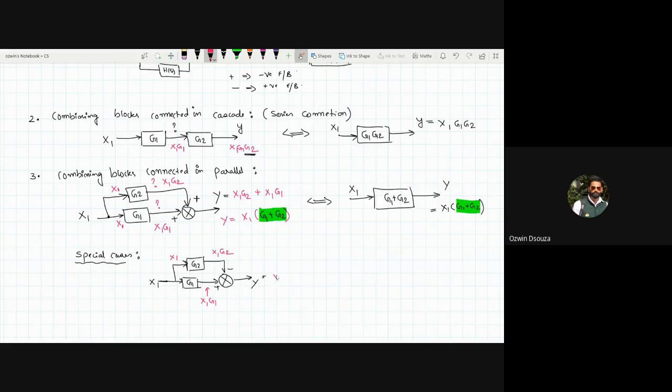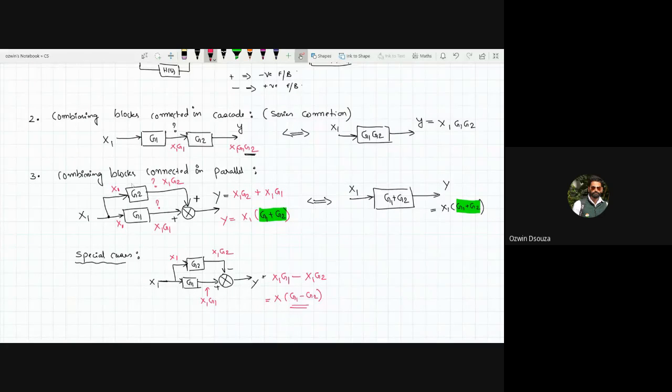The first signal X1 G1 has a positive value. On the other hand, the top signal has a negative value, hence it subtracts the second signal from the first signal. So it becomes X1 times G1 minus G2.